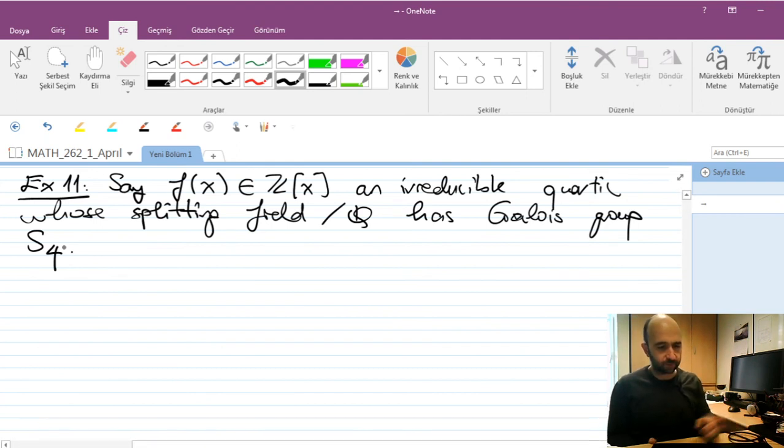One might ask if you can find such irreducible quartics. Actually, this is kind of the generic case, but let's assume this without proof for now.